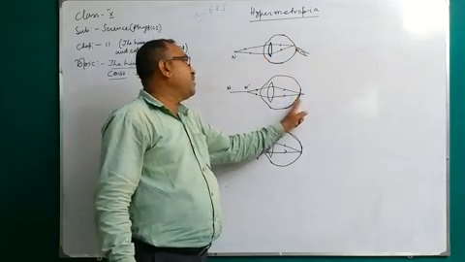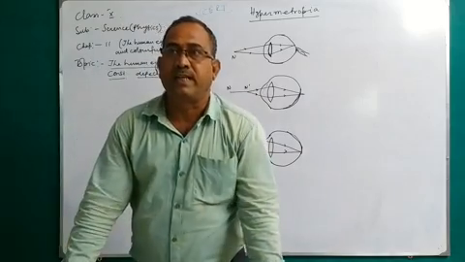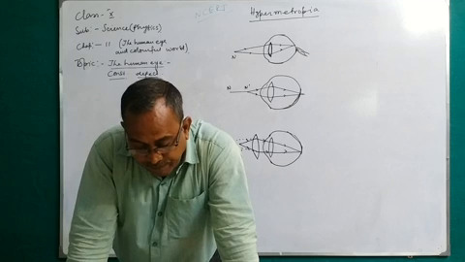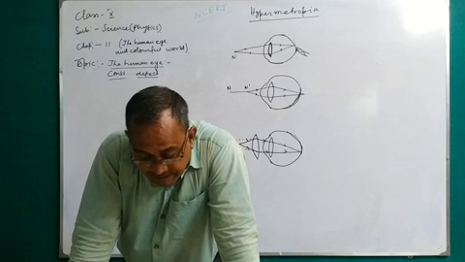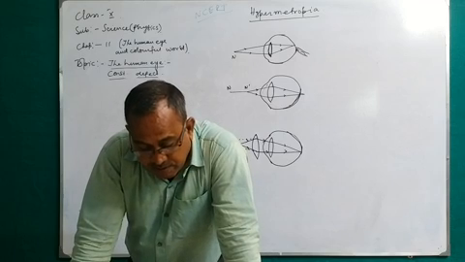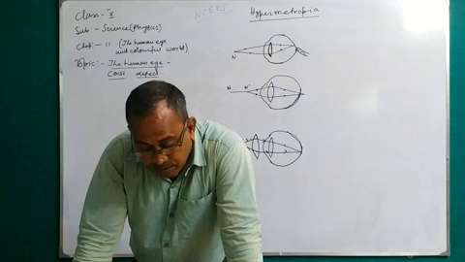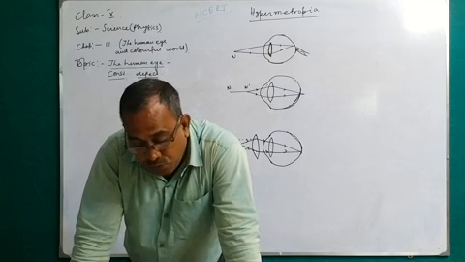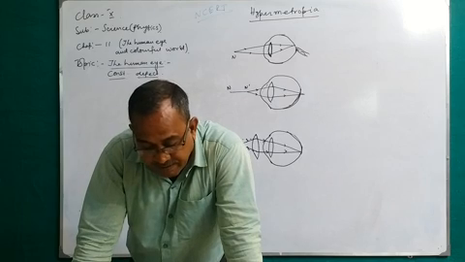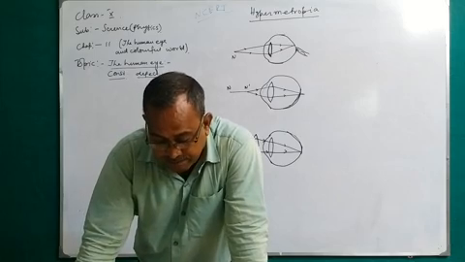But when the image forms behind or in front of the retina, you cannot see the object clearly. This defect arises either because the focal length of the eye lens is too long or the eyeball has become too small. This defect can be corrected by using a convex lens of appropriate power.